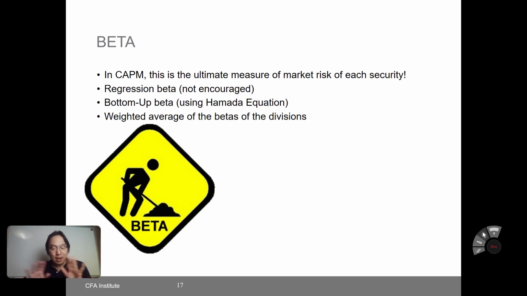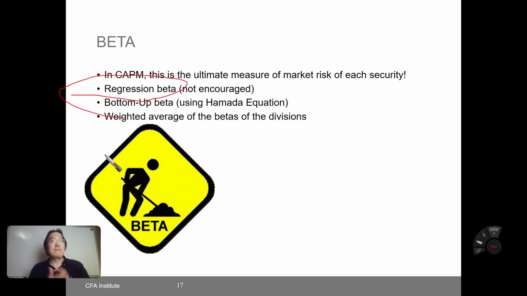No, we don't have that kind of thing. We are all blind. So we are just estimating. For that purpose, we have two ways to estimate it. One way of estimating is using historical data. That is called the regression approach. So that's why we have regression beta over here. I'm going to talk about this one first.